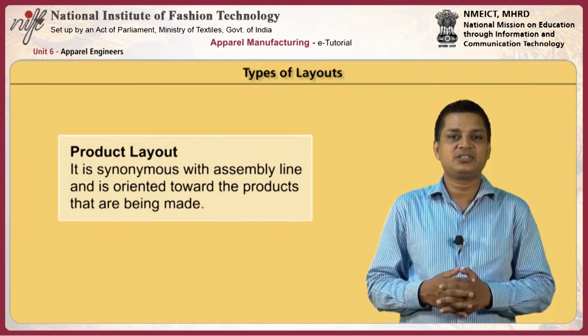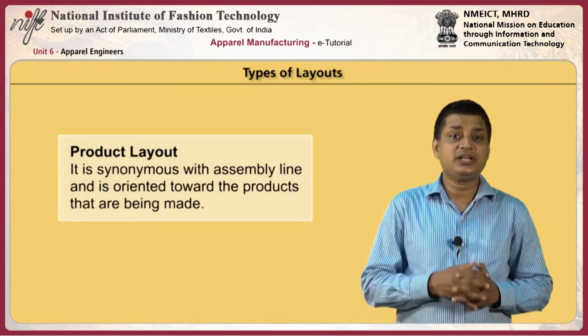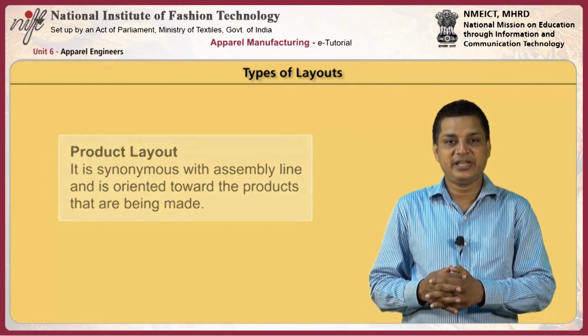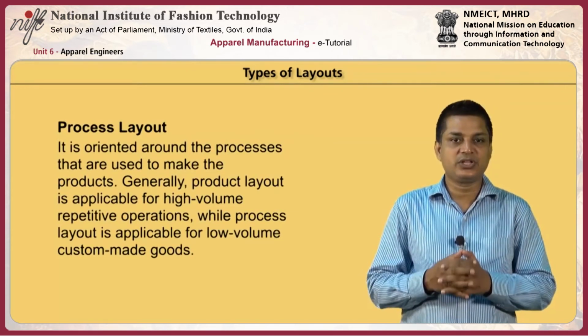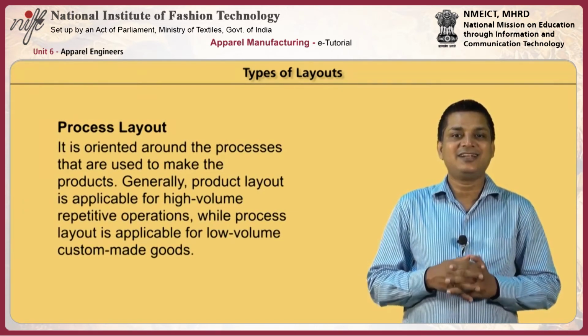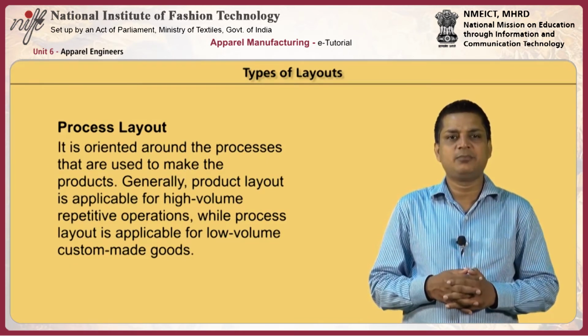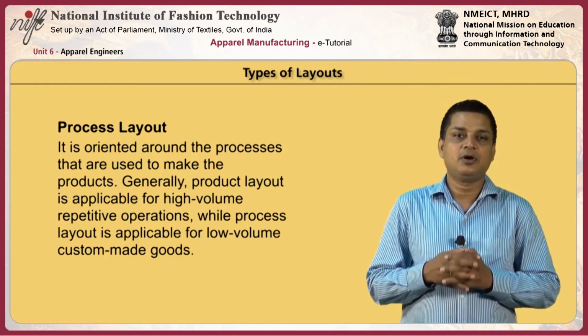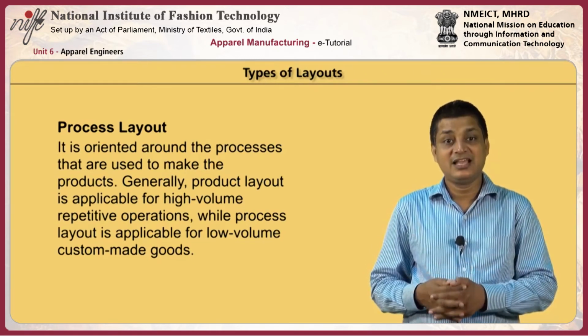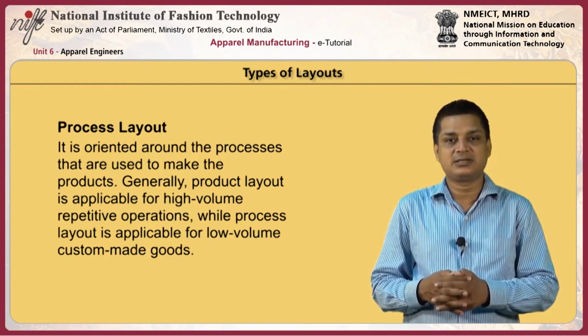Product layout is synonymous with assembly line and is oriented towards the products being made. Process layout is oriented around the processes that are used to make the product. Generally, product layout is applicable for high volume repetitive operations, while process layout is applicable for low volume custom-made goods.